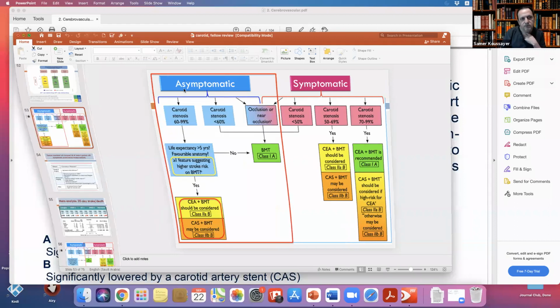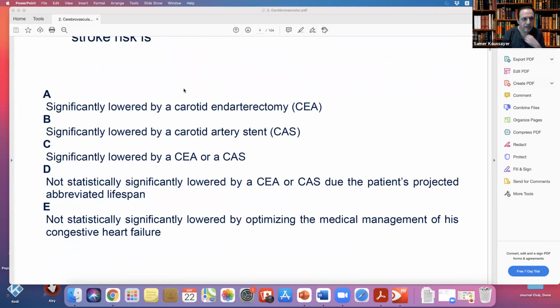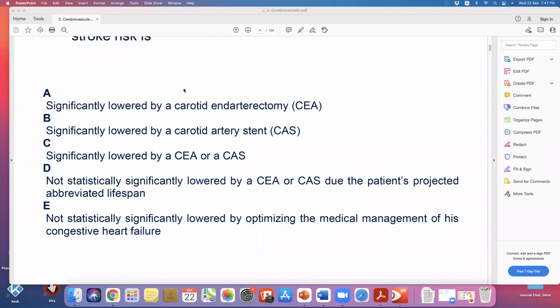Yes. Let's see what the question is now. Let's go through the answers. A, significantly lower by carotid endarterectomy? No. Significantly lower by carotid artery stenting? No. Significantly lower by endarterectomy and stenting?